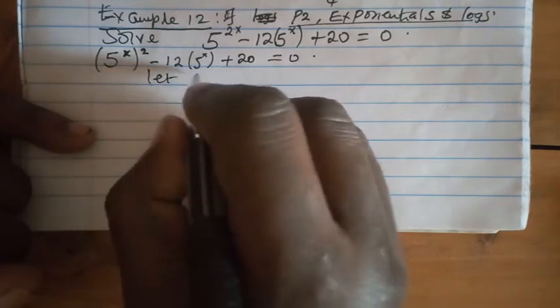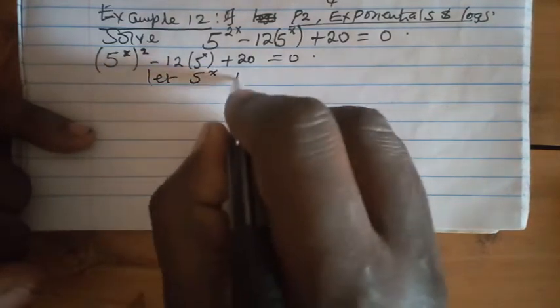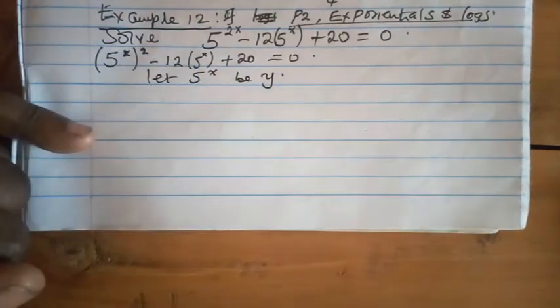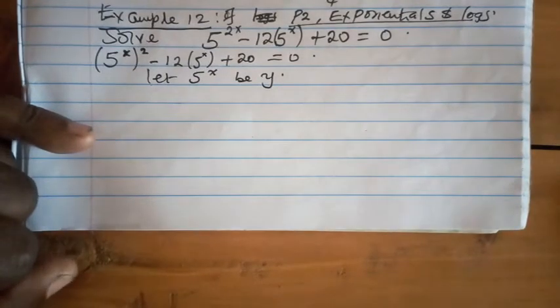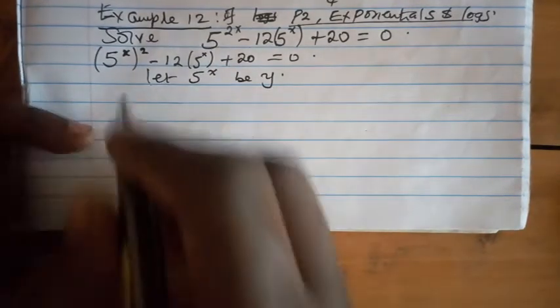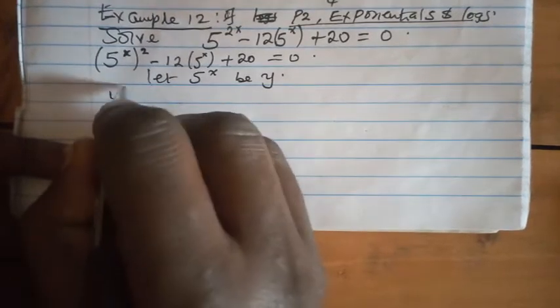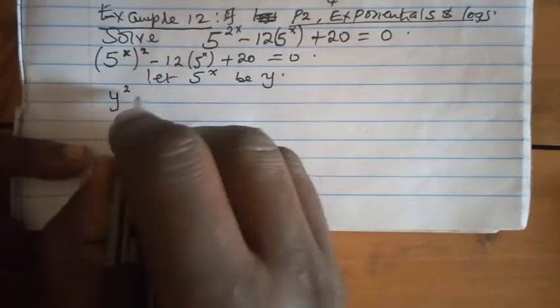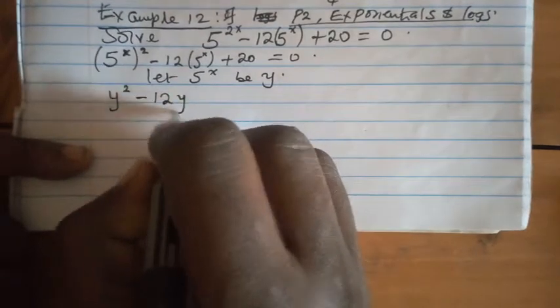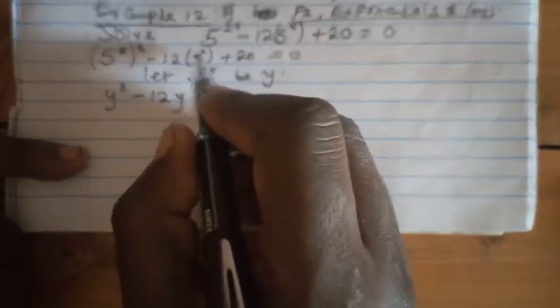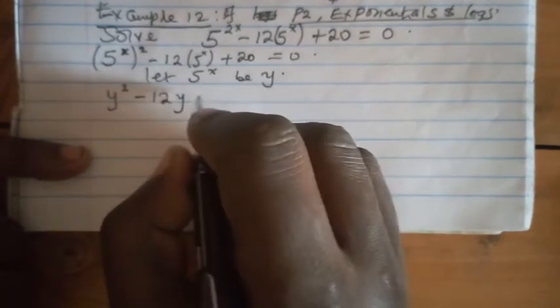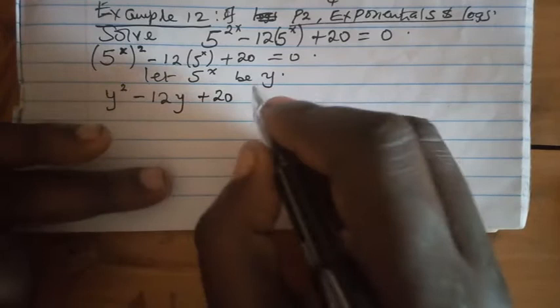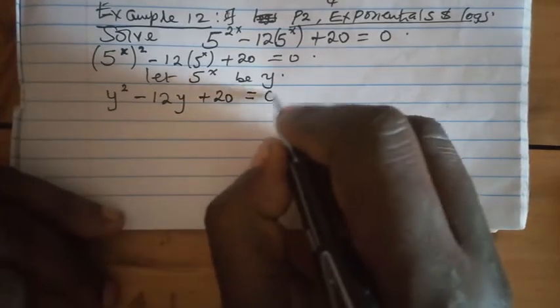So at that point we say let 5 raised to power x be y. And the moment we introduce y, we have y squared, because 5 raised to power x is y, minus 12y, because the same 5 to the x is here, plus 20 is equal to 0.